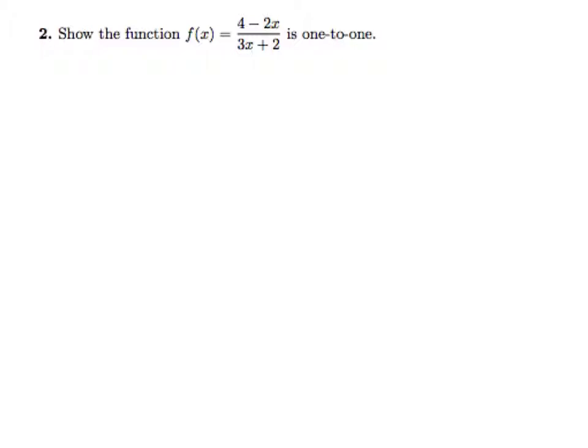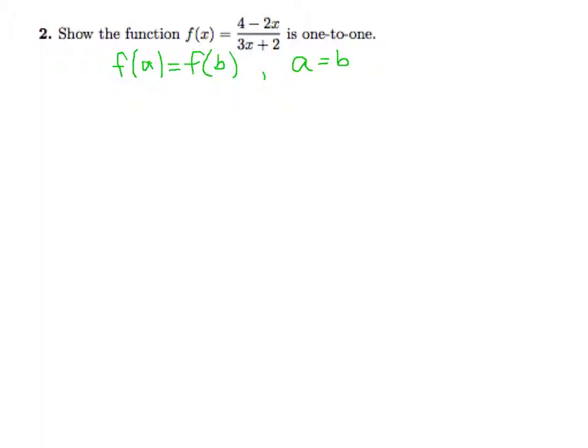Okay, this is problem number 2. It says show the function f of x that equals 4 minus 2x divided by 3x plus 2 is 1 to 1. And when we show a function is 1 to 1, we need to show that if f of a equals f of b, then a has to equal b.